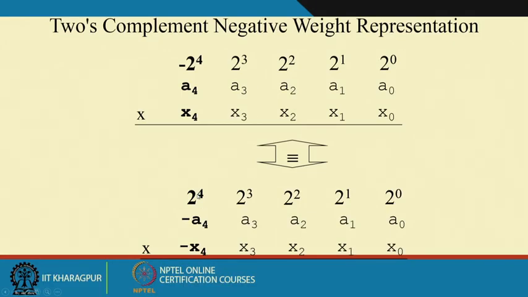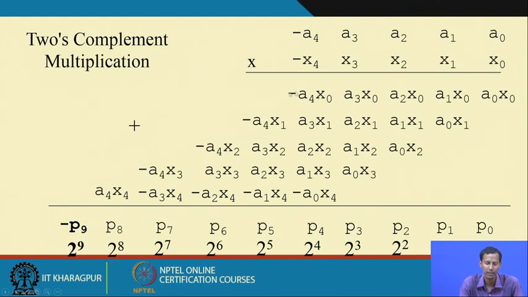Apart from that, there is another method. Suppose this is the 2's complement multiplication format, where this is A and this is B. The multiplier and multiplicand are both represented in 2's complement format. So, the MSB of A represents minus A4, and the MSB of the multiplier represents minus x4.